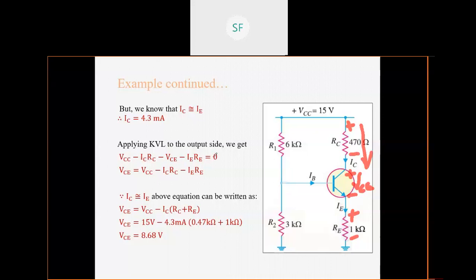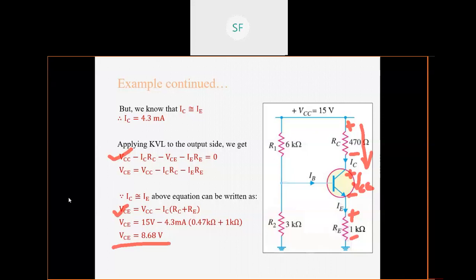Similarly VC is minus, and IERE is also minus. In this way you get this equation by applying KVL, and with certain manipulation this is your final VC. Then we already had the values, 15 volt minus 4.3 milliampere. All values we have put here, and we got the final value of VC equal to 8.68 volt.